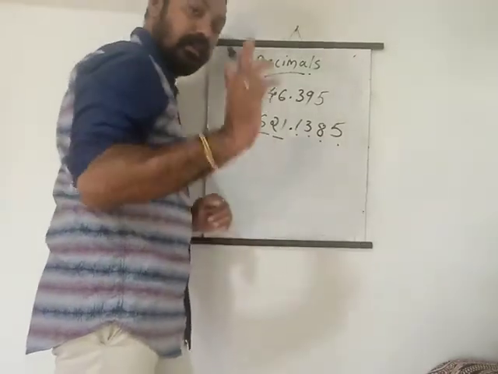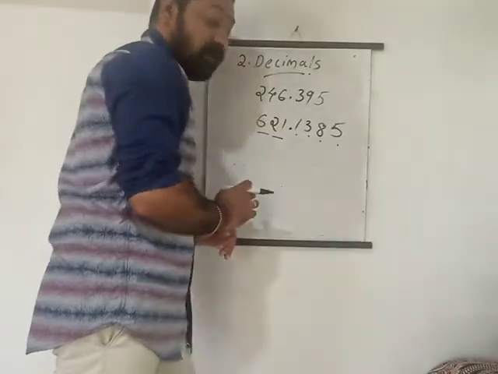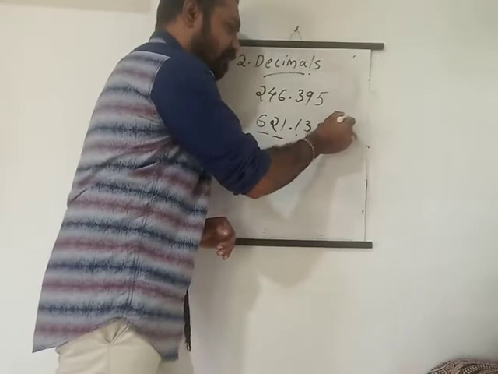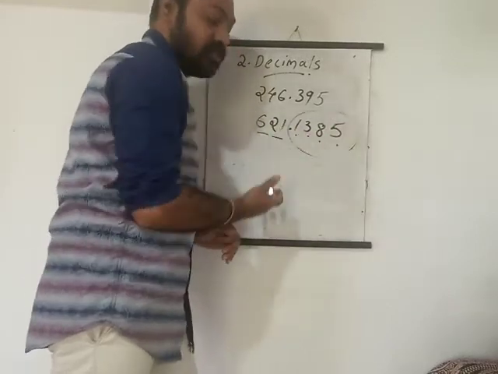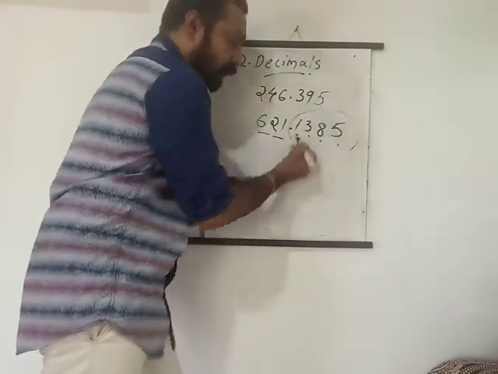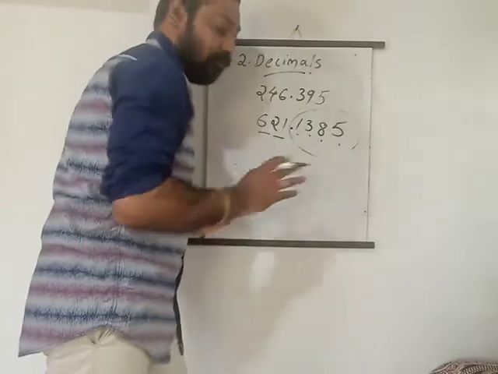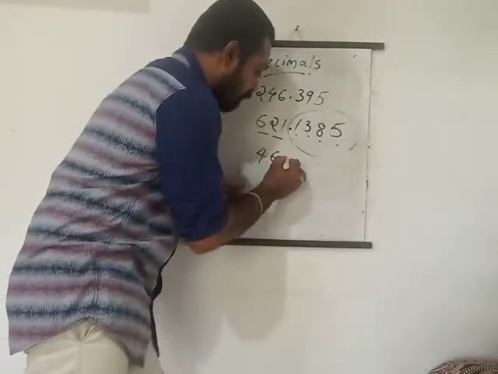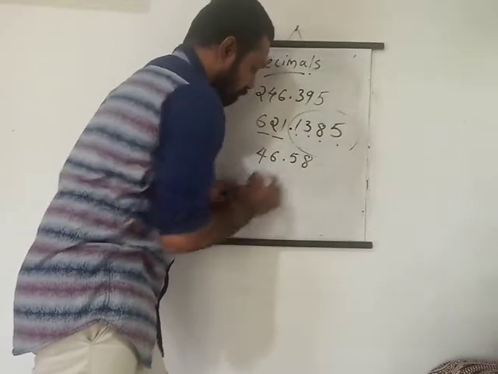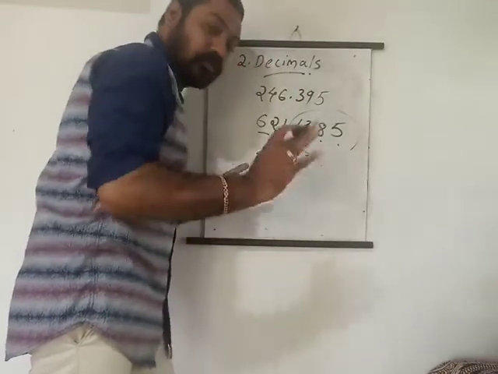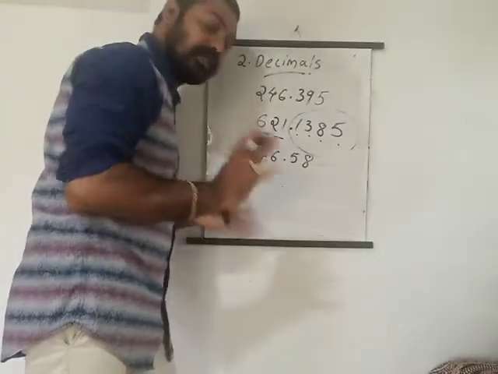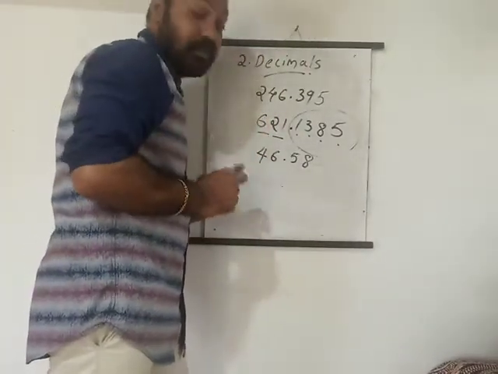Not one thousand three hundred eighty-five. When it is a bigger number, you might read it wrongly as 1385. The main problem is that if it is a smaller number, for example 46.58, most of the students will read it as forty-six point fifty-eight. The same kind of mistake comes every time.